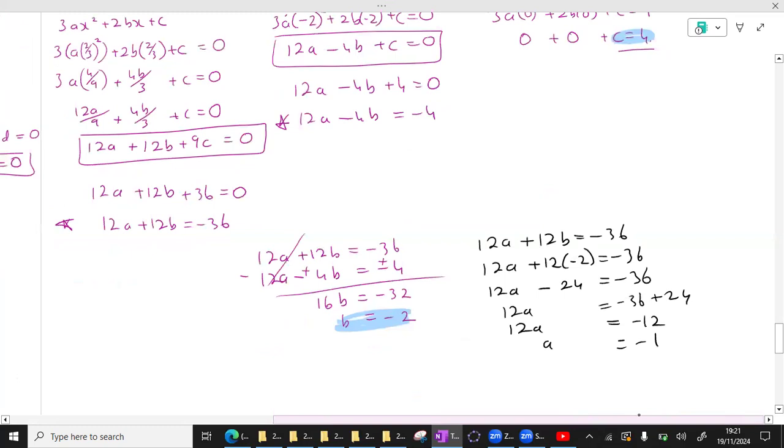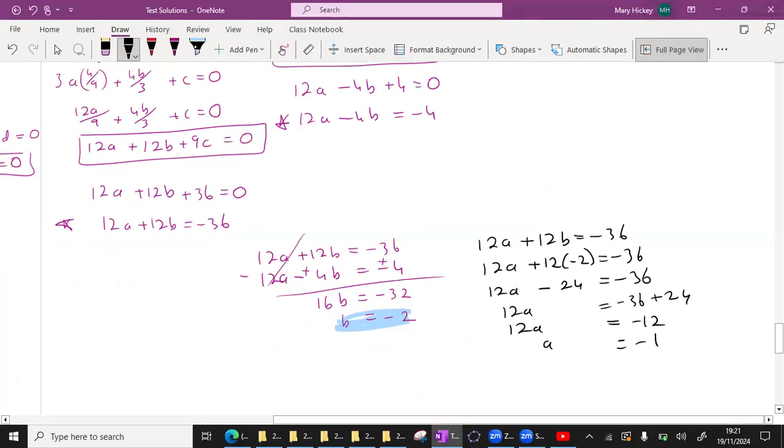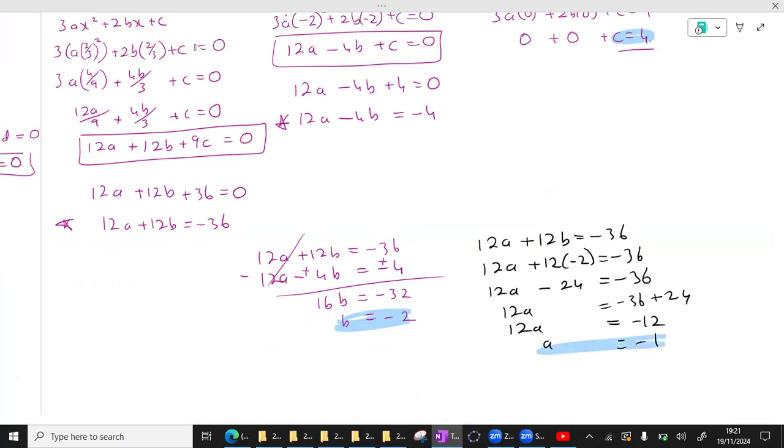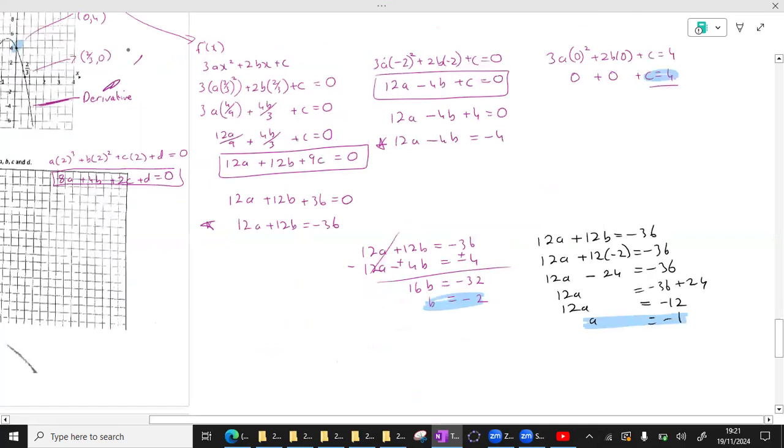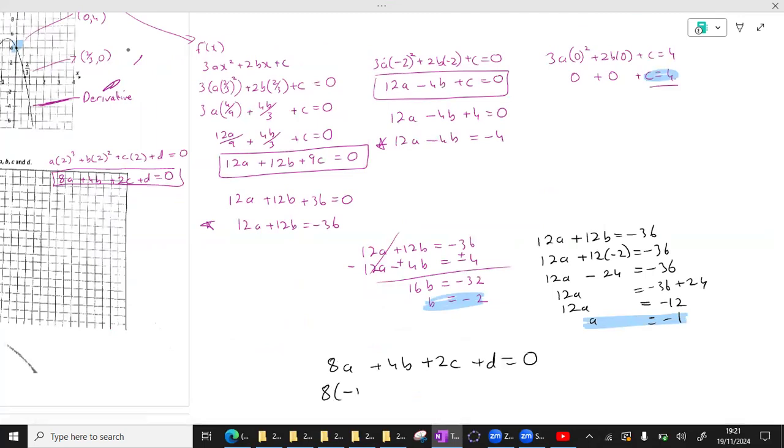And I've only one last thing to do. So I know A is minus 1, and then I can go back and find D. So I have my A, B, C, and D at that stage. So I'm going to go back to my 8A plus 4B plus 2C plus D equals 0. So my A is minus 1, my B is minus 2, my C is 4, plus D is equal to 0.